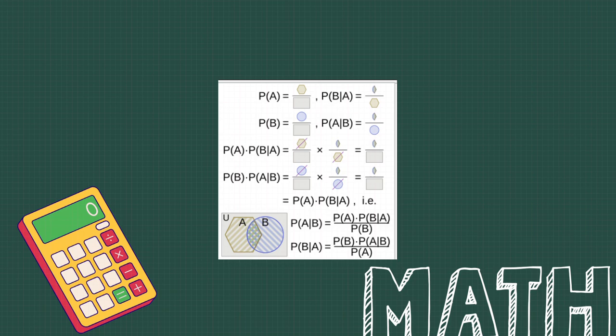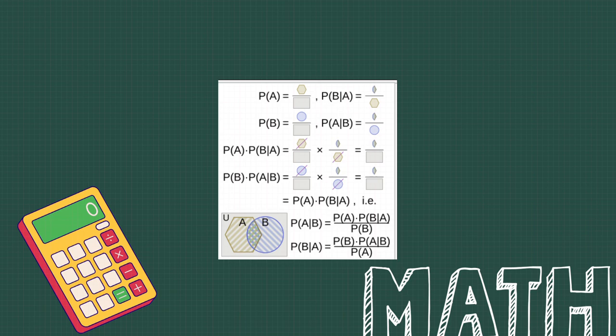First we are given the probability of A and the probability of B, and second is the probability of B given A, the probability of B being true given A, and the probability of A given B, that is the probability of A being true given B is true.